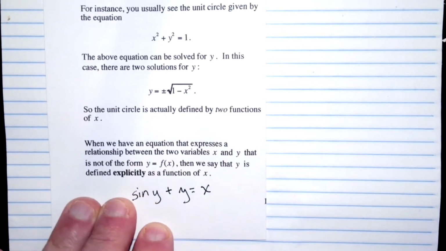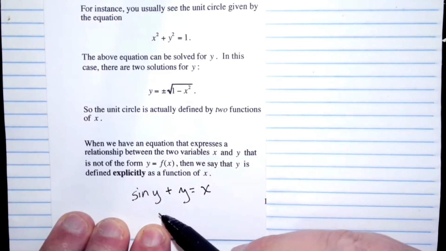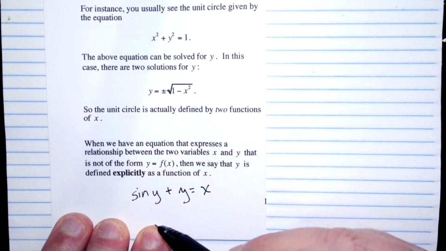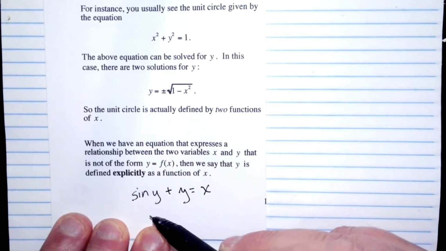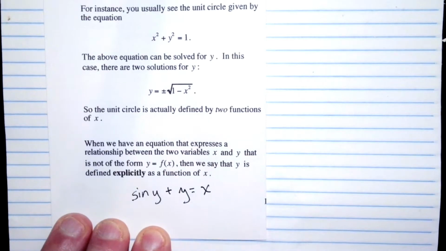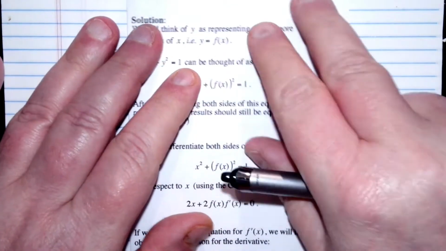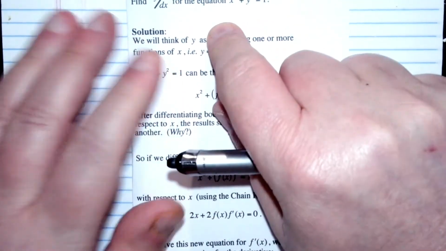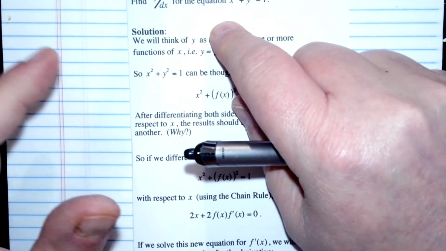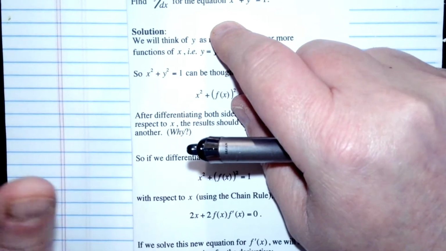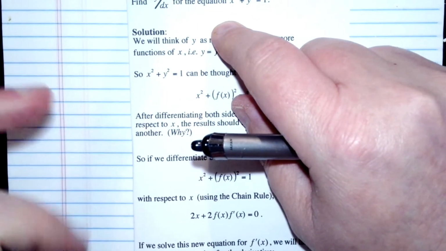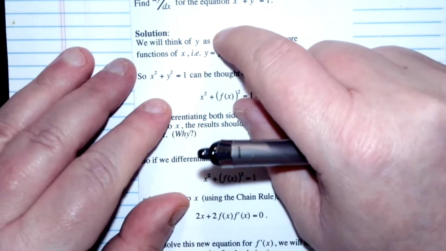So what we're going to talk about is a way to find dy dx in the case where you've got the dependency of y defined implicitly. The reasons for using the derivative would be that you needed a slope or a rate of change or something like that.